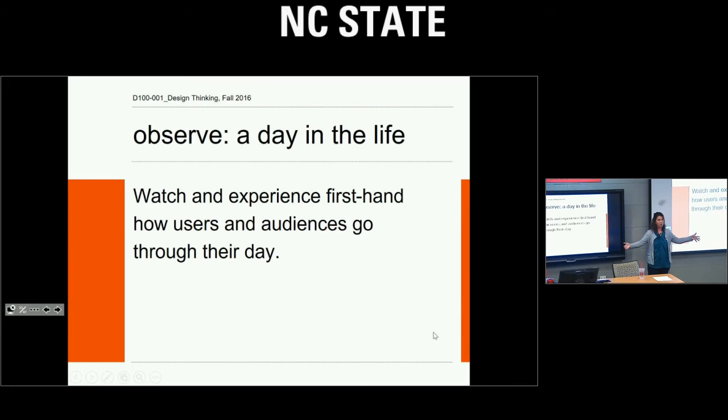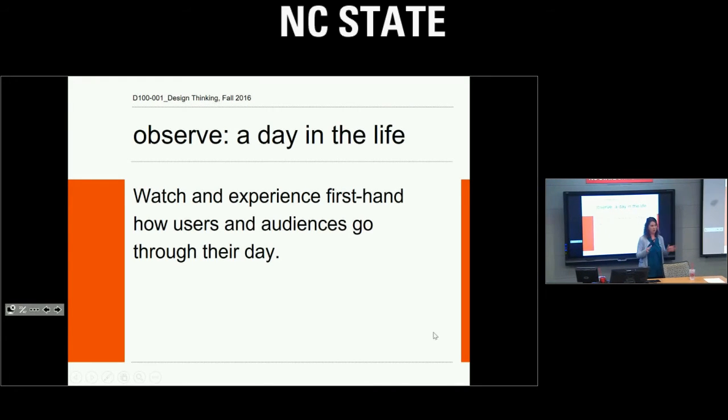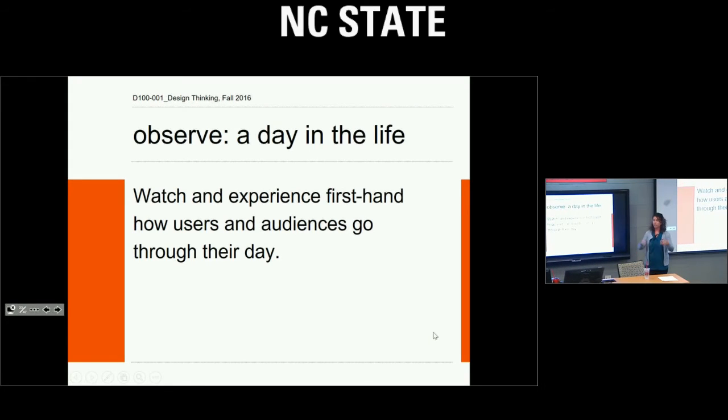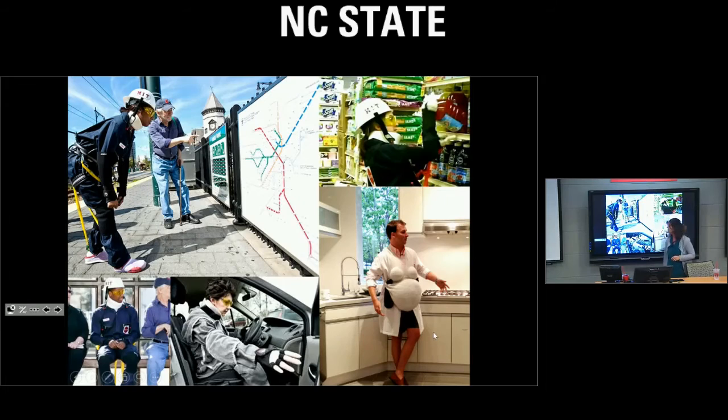That can be very broad. You can look at how they travel, what public or private transportation systems they use, or you can just follow them and see everyday life and what they're doing. It depends on the goal of your research.